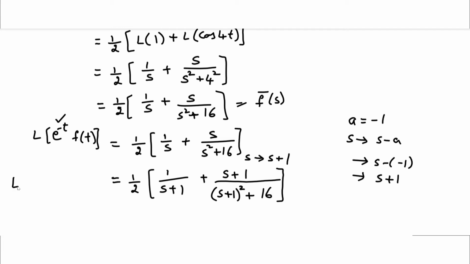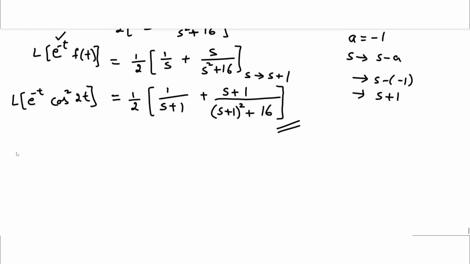So on the left hand side you have the Laplace transform of e power of minus t, and the value of f of t I have taken is cos square of 2t. So that will be the required solution.